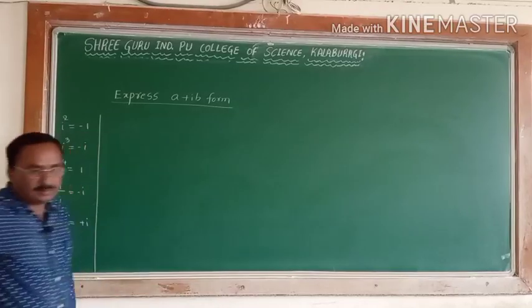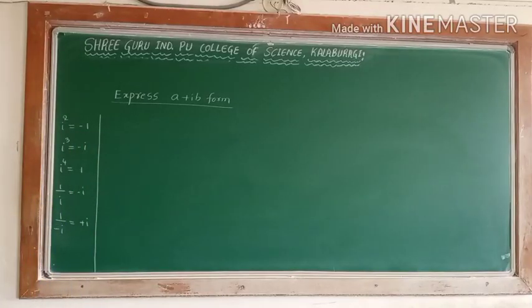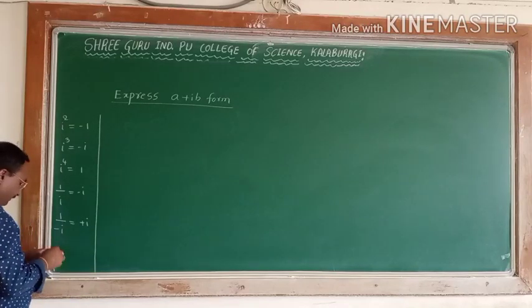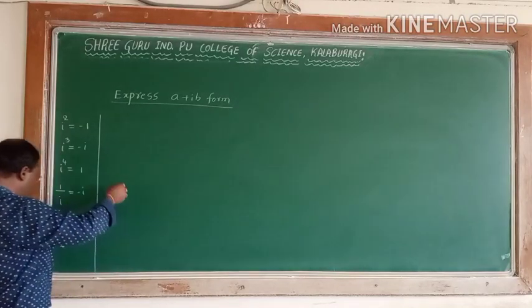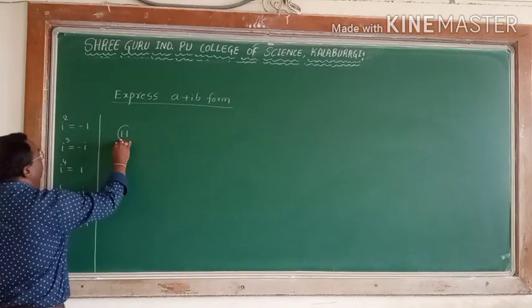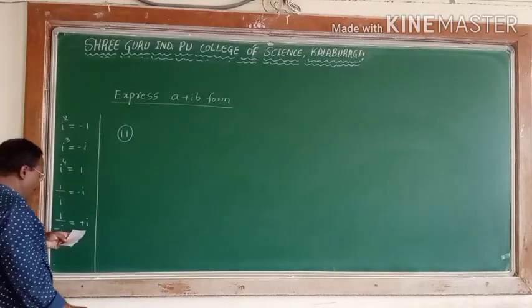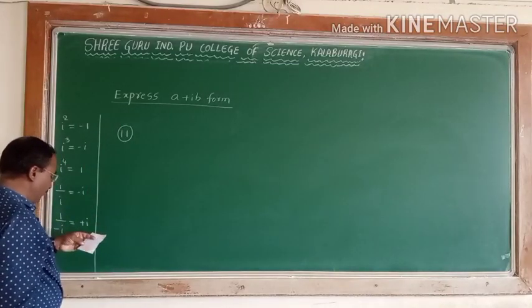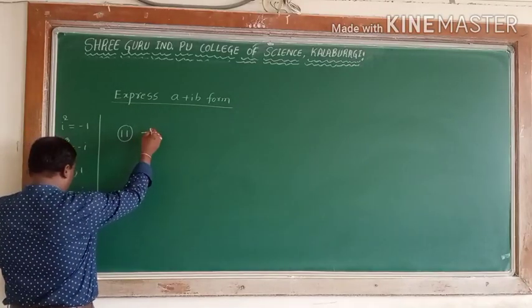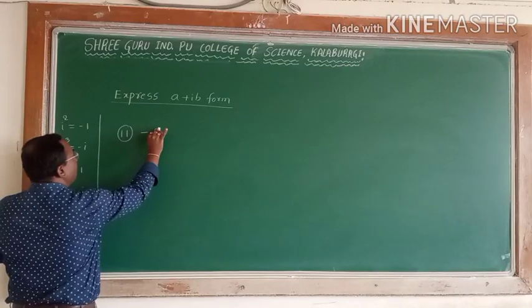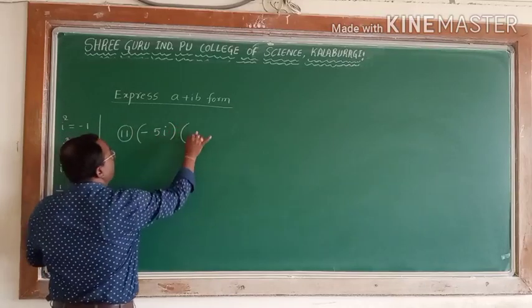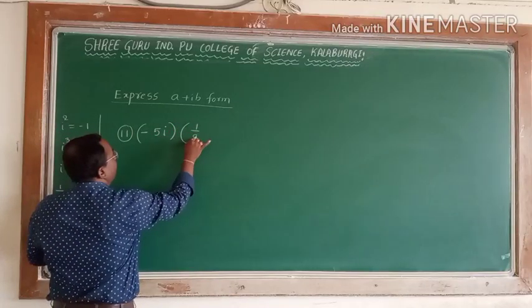Next, example number 11. Express in A plus iB form: minus 5i into 1 by 8 times of i.